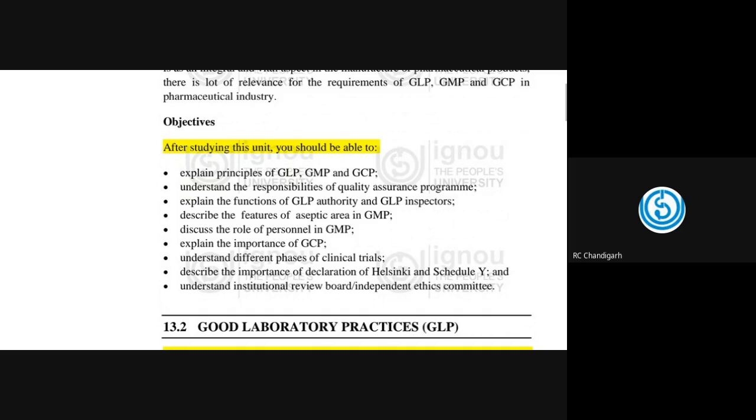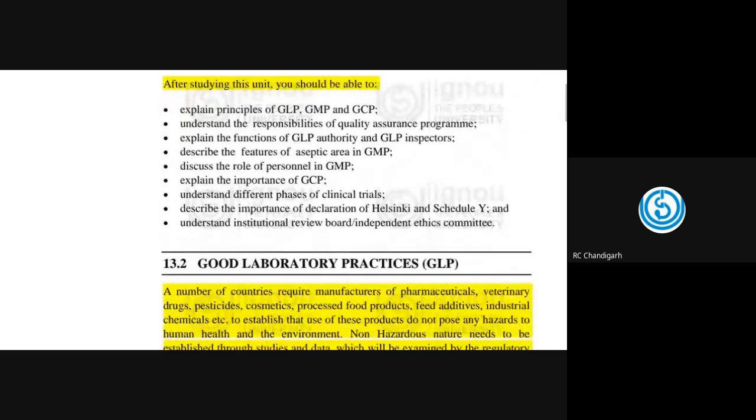Discuss the role of personnel in GMP. Explain the importance of good clinical practices. Understand different phases of clinical trials. Describe the importance of the Declaration of Helsinki and Schedule Y, and understand the Institutional Review Board or the Independent Ethics Committee or Institutional Ethics Committee.